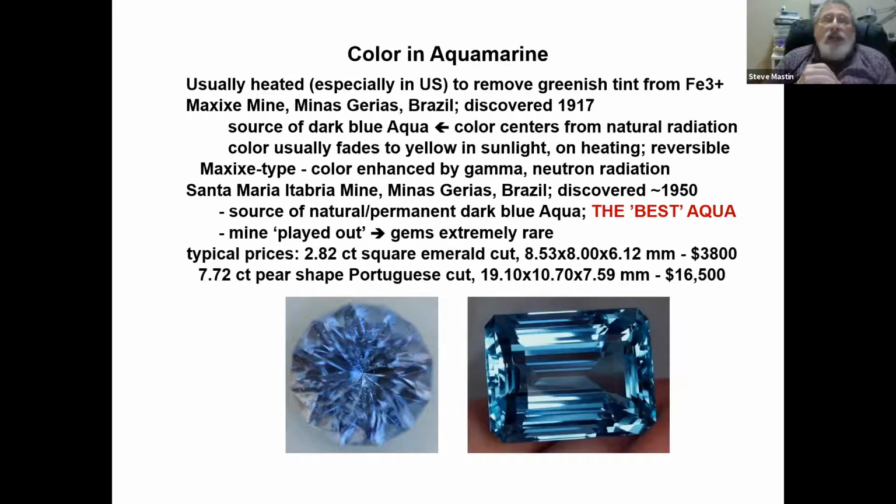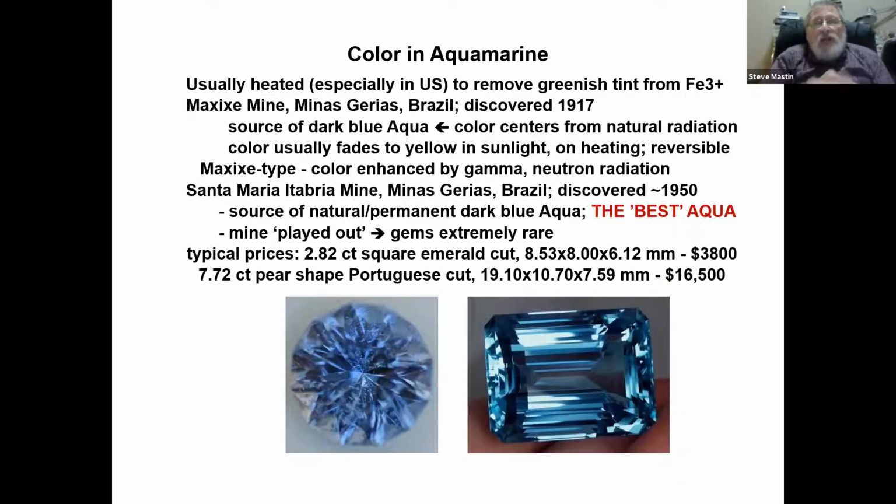Now, there are a number of different kinds of aquas that have been discovered recently in Minas Gerais, which is a province of Brazil, out in the middle of the jungle where most of the mines are. And the Maxis mine was discovered in 1917. That stone on the bottom left is from the Maxis mine.